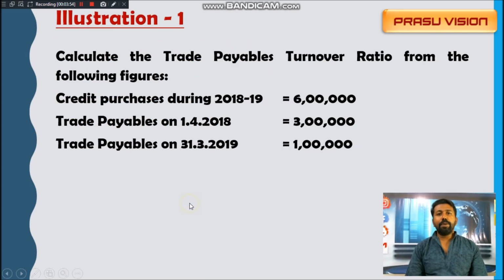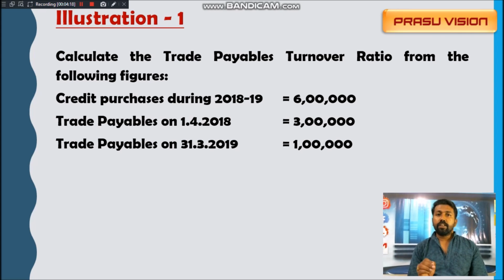So we have to remember all these points. The idea will be very clear by solving a problem. The information is directly given. In this question, the total amount of credit purchase is given, the opening trade payable is given, and the closing year's value is also given. So nothing more to do. We can calculate the ratio very easily.